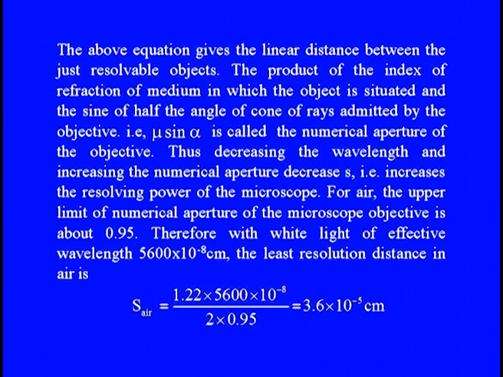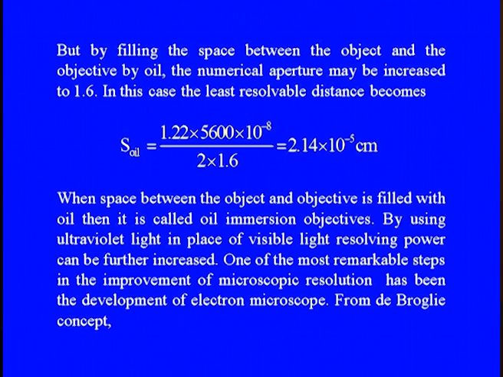Therefore, with white light of effective wavelength 5600 angstrom, the least resolution distance in air is of the order of 3.6 into 10 to the power minus 5 centimeter. But by filling the space between the object and the objective by oil, the numerical aperture may be increased to 1.6.